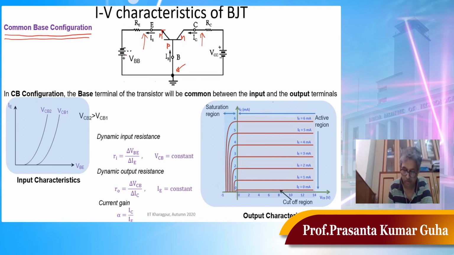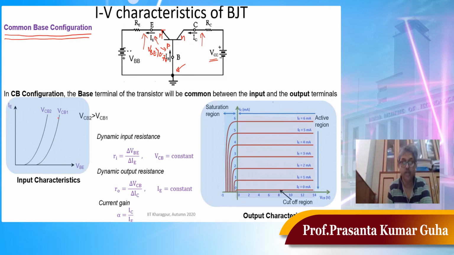So if we give proper VBB, the base emitter junction will be forward biased, meaning this junction will have at least 0.7 volt. What about the base collector junction? The positive terminal of the battery VCC is connected to the collector, which is N type, and the negative terminal is connected to the base, which is P type. So this is reverse bias. The base collector junction is reverse biased.